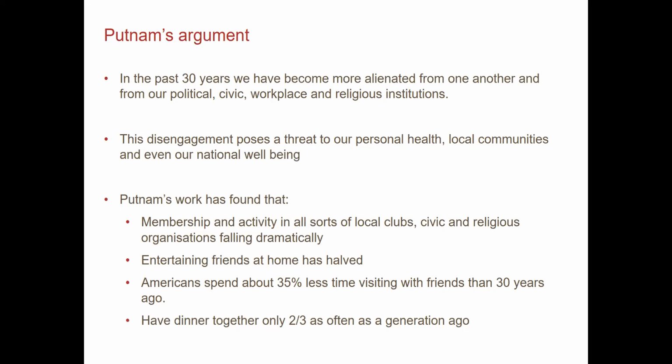In 2015, Putnam wrote a book called Our Kids, which was a follow-on, where he looked at American children and social capital, focusing on children in particular. The work of Our Kids showed that kids are missing so much more than material wealth.